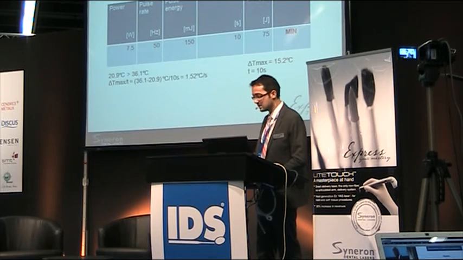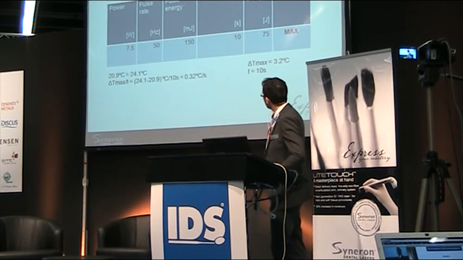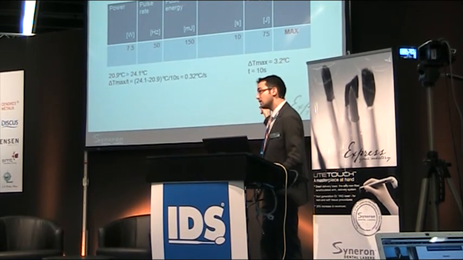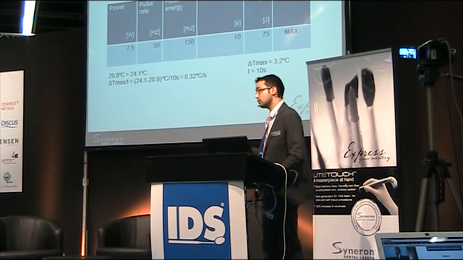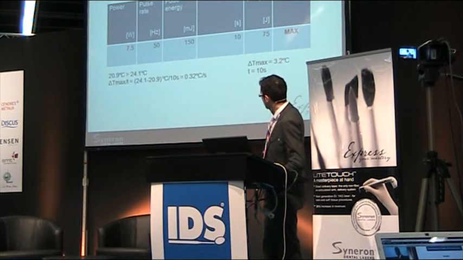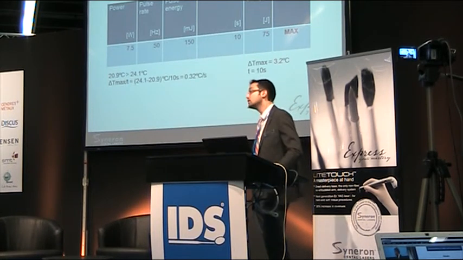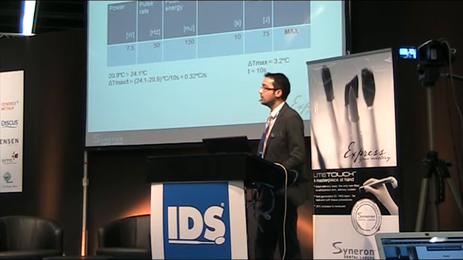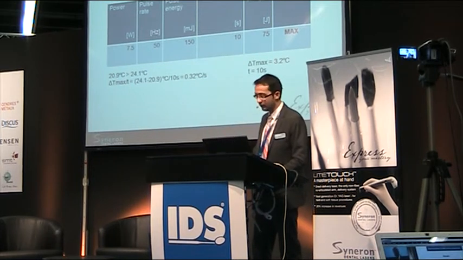This is high, but when we use this laser according to the manufacturer's instructions with proper water cooling, the temperature change is not more than 3.2 degrees. It's the same as when you're drinking hot coffee.